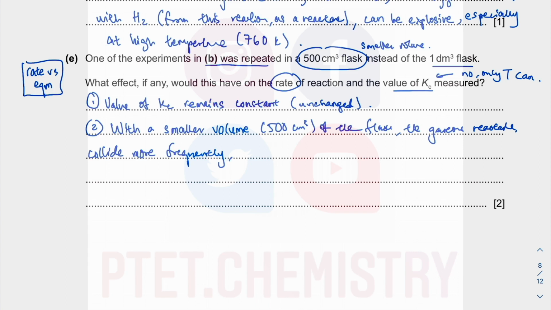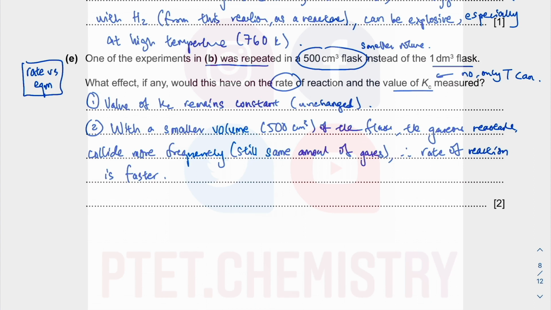In a small flask, you have the same amount of gases, but in a smaller volume, so they will collide more frequently, and therefore the rate of reaction is faster. And again, they don't ask you to explain. I don't know why I have spent some time explaining it. Ideally, it would have been enough if you just say rate of reaction gets faster in that smaller flask, and value of Kc remains constant in that smaller flask because you are not changing temperature.